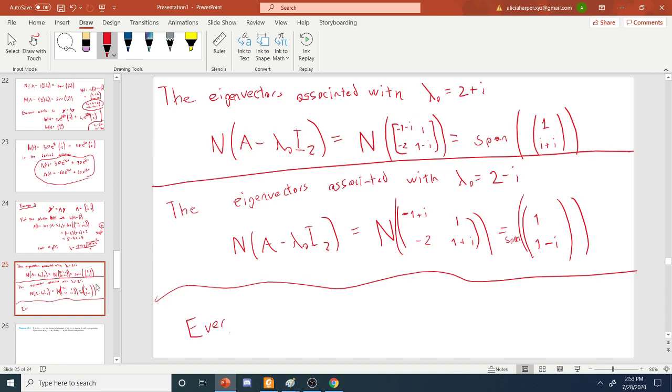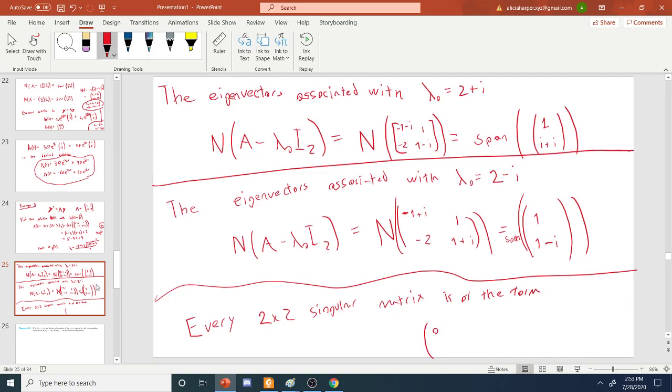Every 2 by 2 singular matrix is of the form a, b, and then ka, kb for some k. And here's what we know.